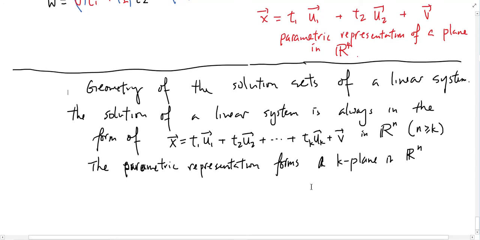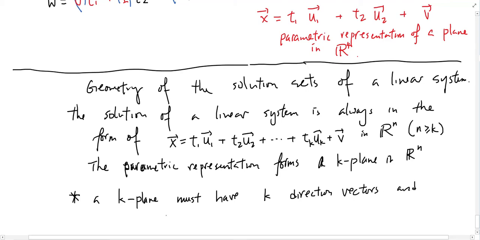So what this means is the following: a k-plane must have k direction vectors and one single position vector in the parametric representation.